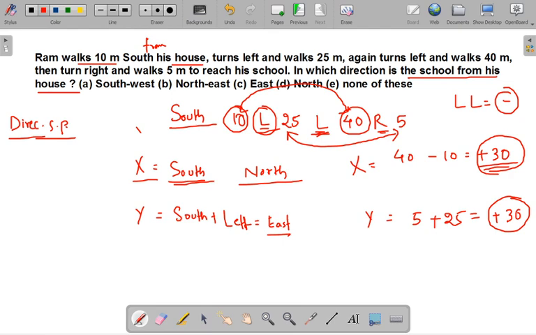And this y is also positive, so this east will become west. So his school is in the northwest. Answer is none.